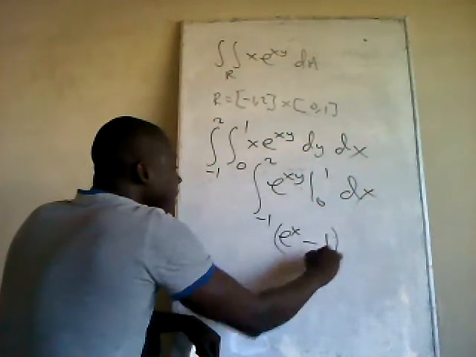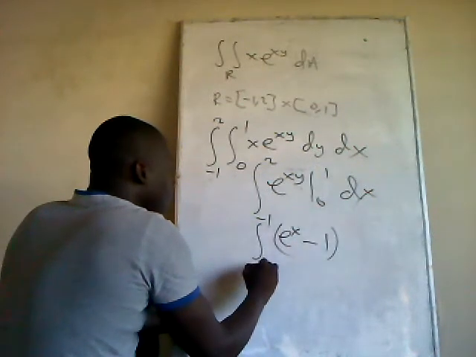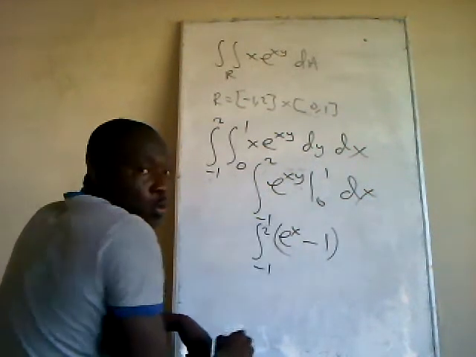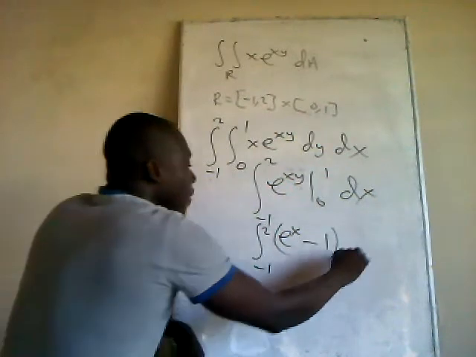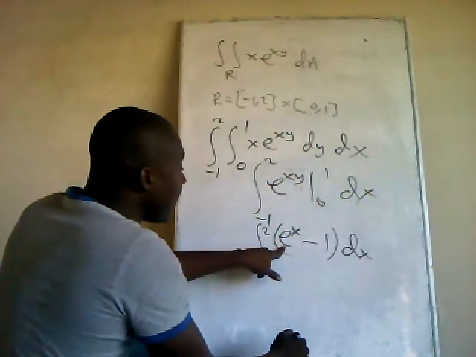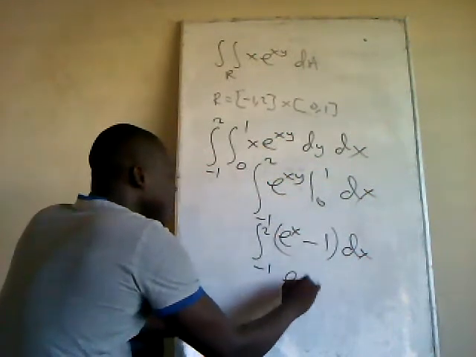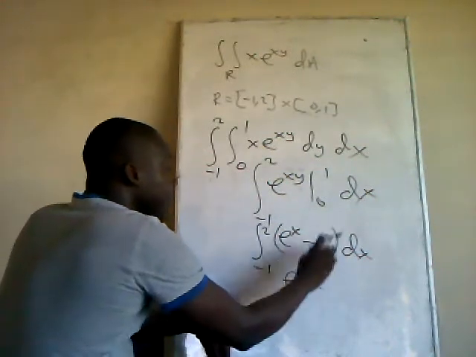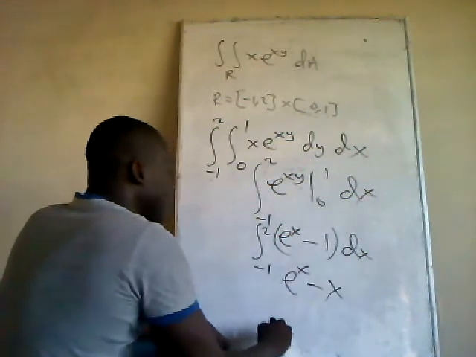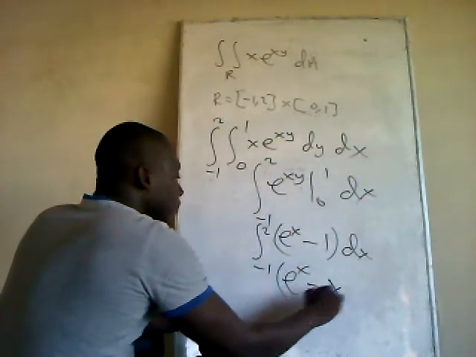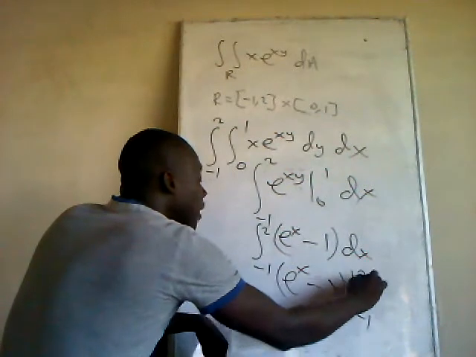So actually I'm integrating this now, from minus 1 to 2. When I integrate e^x with respect to x, I get the same thing, e^x. When I integrate 1, I get x. Now this is at minus 1 and 2.